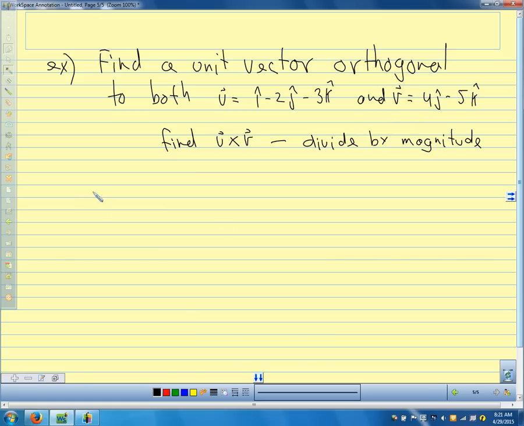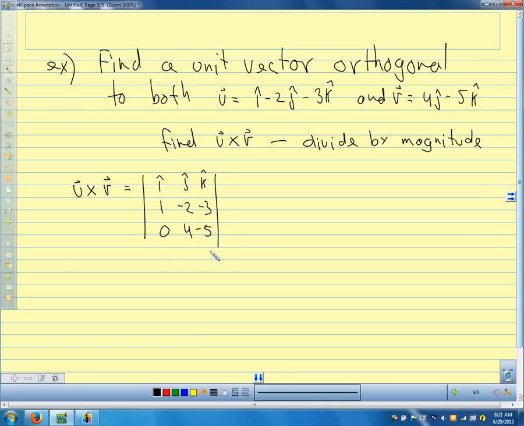All right, so here's what I want to do. U cross v, I want you guys to find u cross v and tell me what it is. We'll write out the determinant here. I have 1, -2, -3. Since this has no i hat component, what goes here? 0. I have to put a placeholder. 4 and -5.